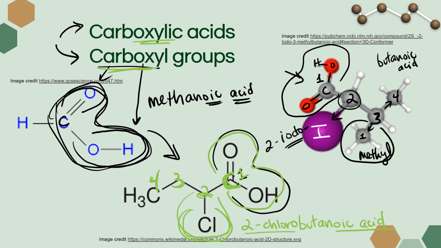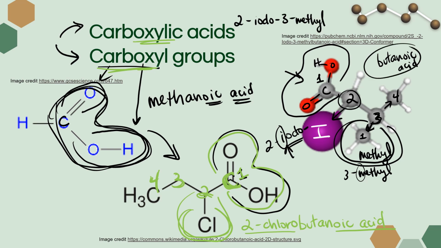And on carbon number 3, I have a methyl group, so 3-methyl. Should I put iodo or methyl first? I comes before M in the alphabet, and so it is going to start with iodo. So the whole entire name of this crazy big molecule is going to be 2-iodo-3-methylbutanoic acid.